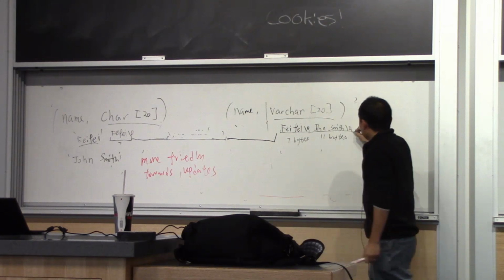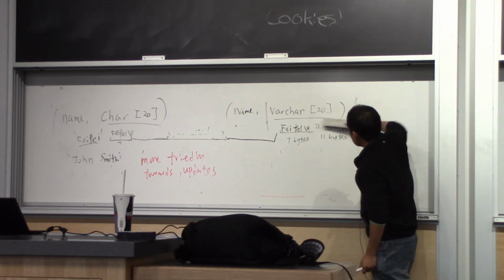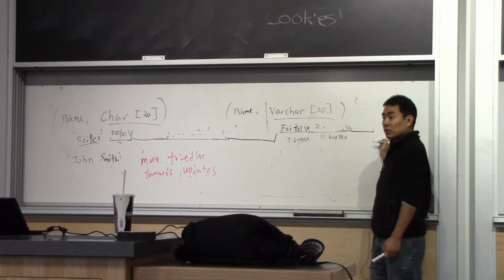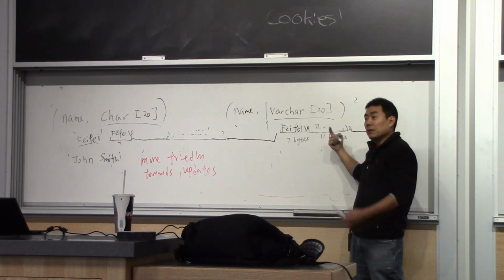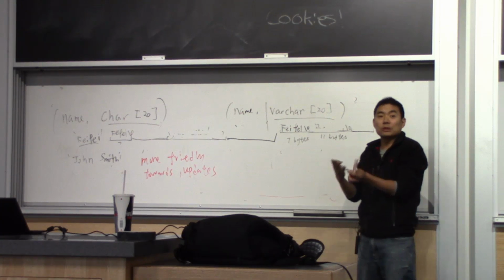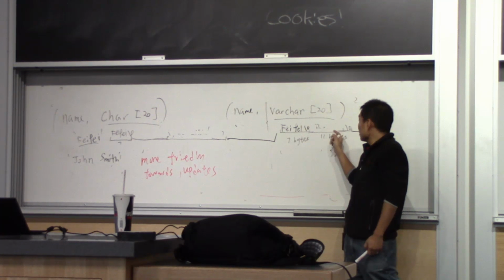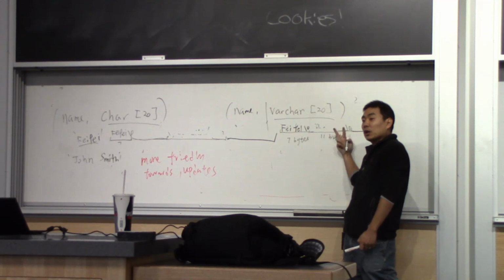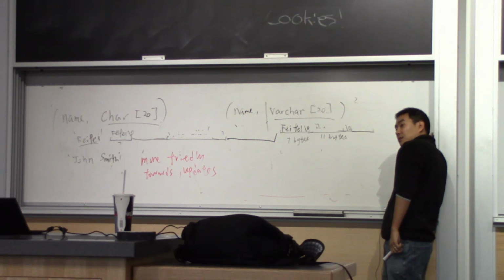Whereas in this case, if another value follows it, if I delete John Smith, and later on I try to insert another value to this list, I may not be able to recycle this, right? Because unless the next value to insert is exactly 11 bytes, I'm going to either use less than the available bytes, or I'm going to need more, which means I have to move all the following values ahead, which is very expensive.